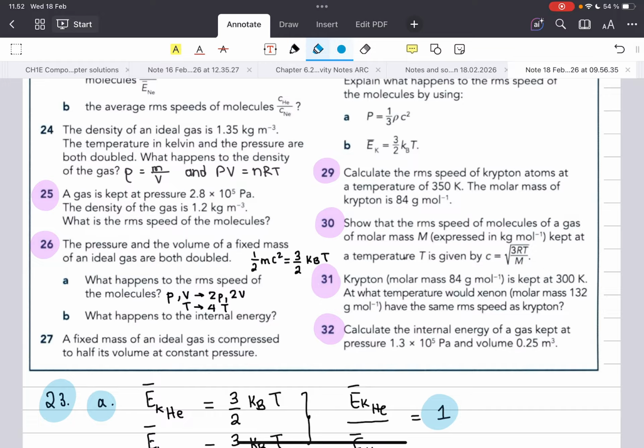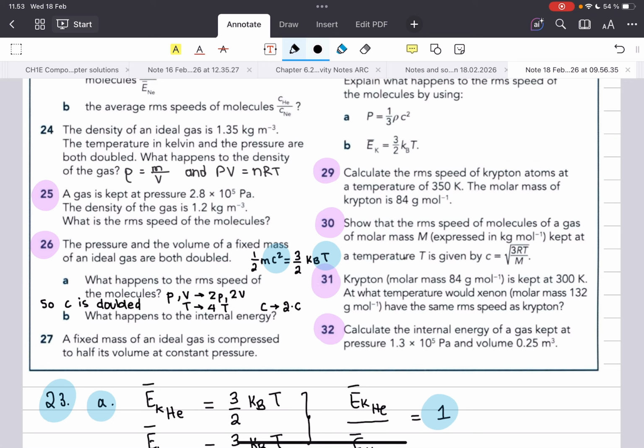So if the temperature becomes 4 times more, c squared will also become 4 times more. And if c squared becomes 4 times the old one, that means that c will become twice the old one. So c is doubled.